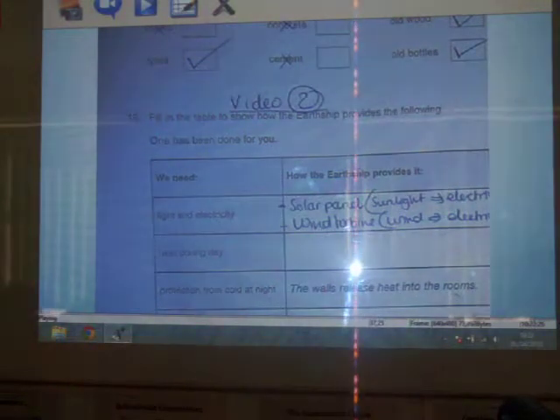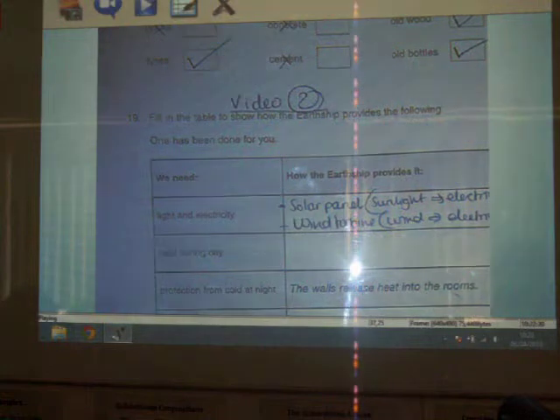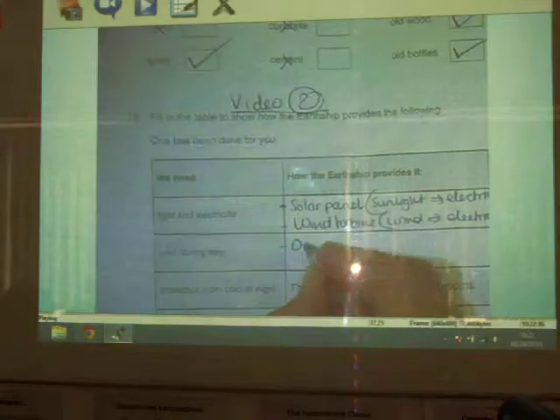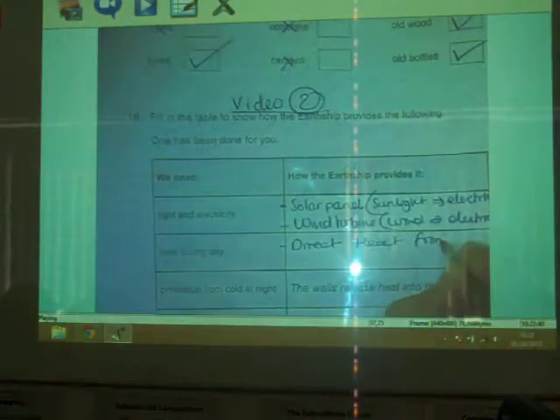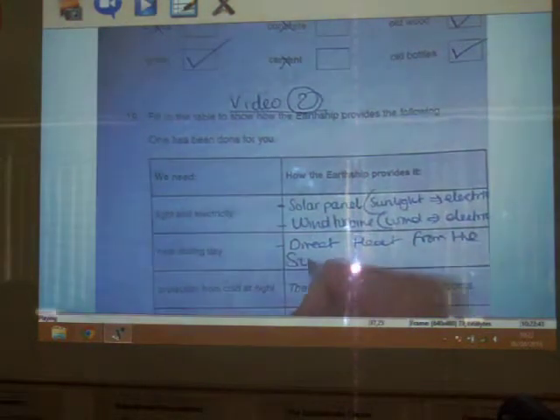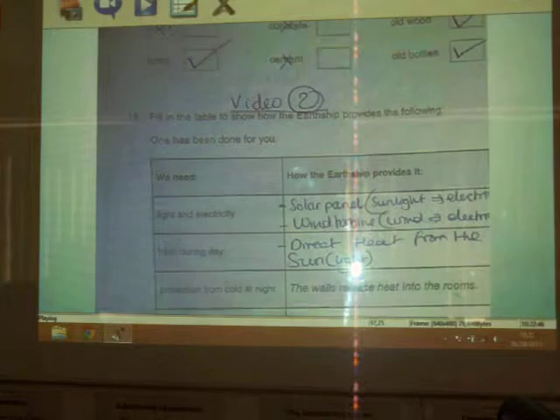How are they getting the heat in the daytime? Okay, Rakeya, go on, give me an answer. It takes heat from the sun, so you're heating things. So we're getting direct heat from the sun itself.